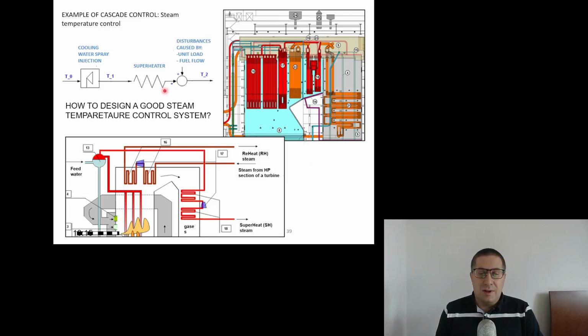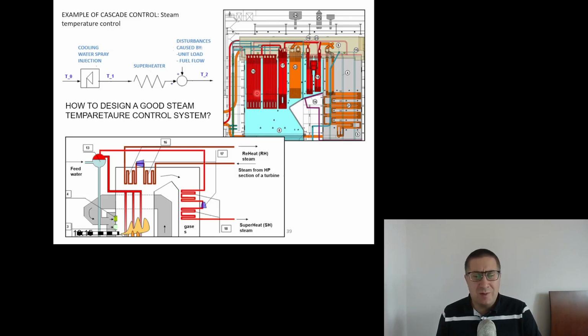So let us assume that we have a power plant, and in this power plant we have superheaters and reheaters. We will focus only on superheaters. What are those superheaters? Those are heat exchangers. So the steam is going through those pipes.